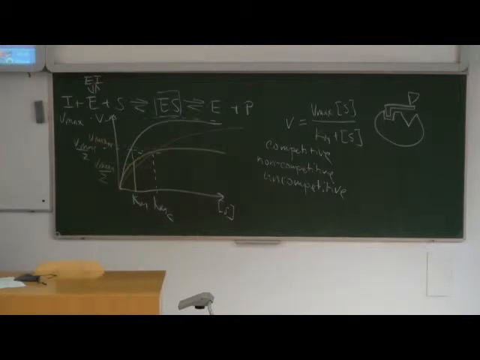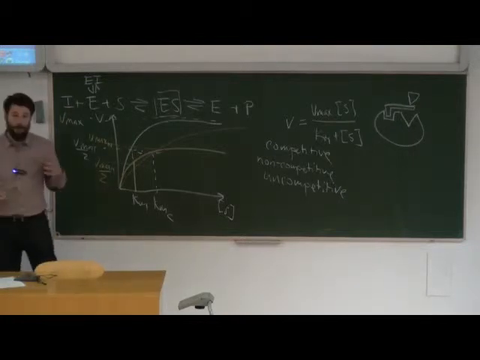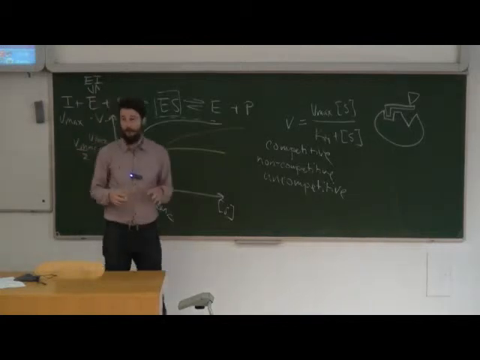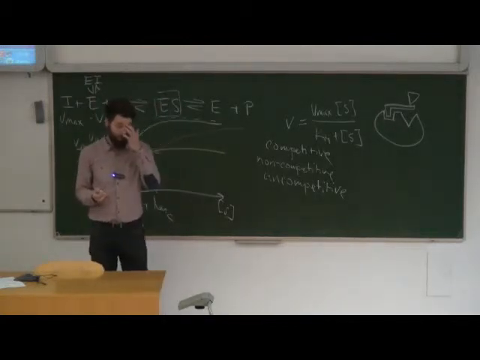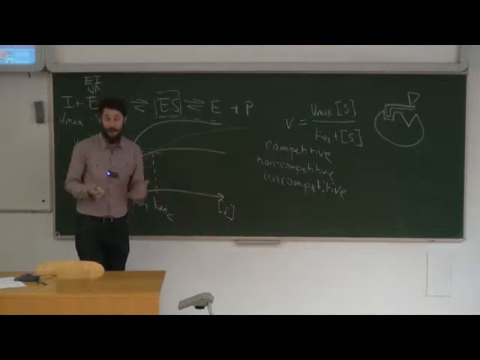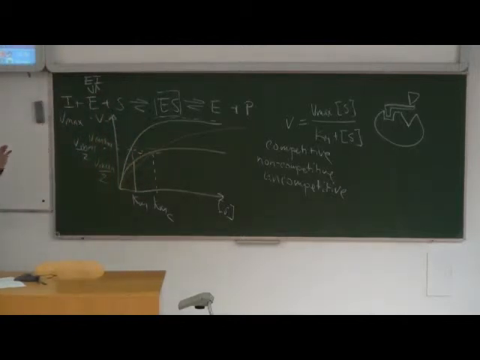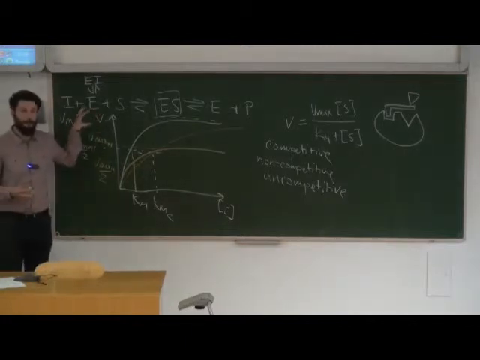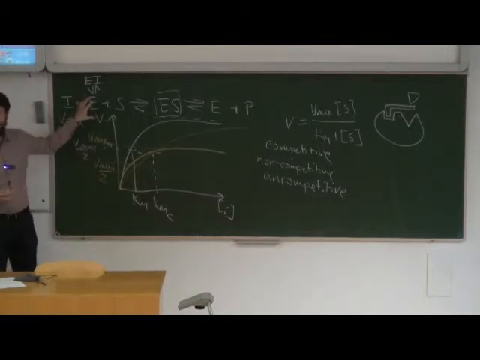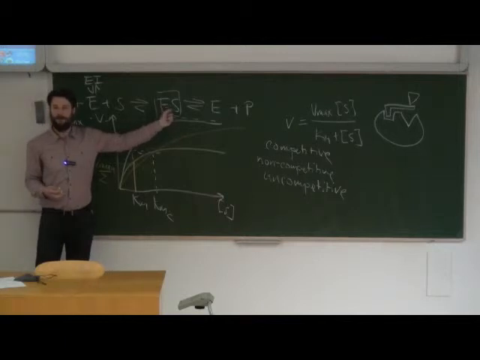Okay, uncompetitive inhibition, or anti-competitive, whatever you want to call it. It is a very unusual type of inhibition. There aren't actually that many molecules that use this kind of inhibition, but I think it's quite interesting because it explains other possibilities. In uncompetitive inhibition, the inhibitor binds not to the native enzyme, the enzyme without anything bound to it, but to the enzyme-substrate complex.